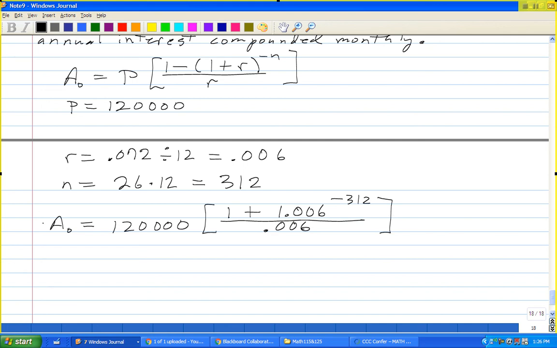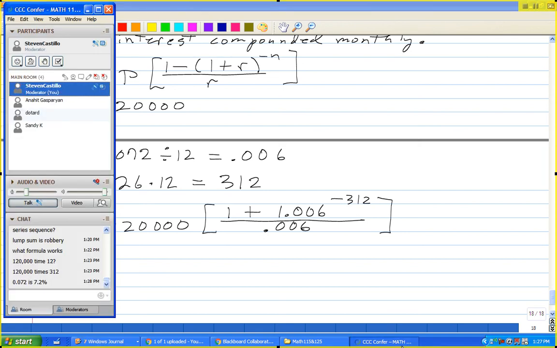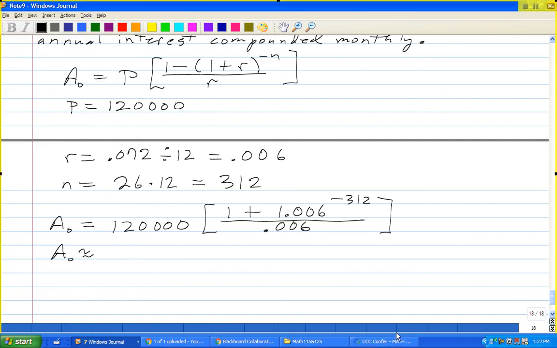But now let's find the approximate amount. That is correct, because you move your decimal place 2 places over. So 7.2% is 0.072. Okay, so let's plug into your calculator.